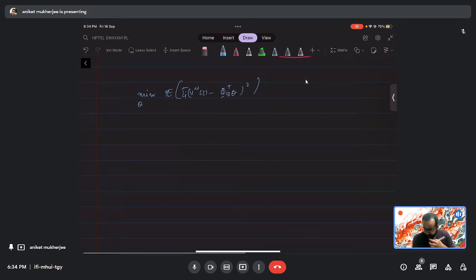So this thing actually, what I can write is, I can write this as expectation of norm of mu minus phi theta whole transpose.